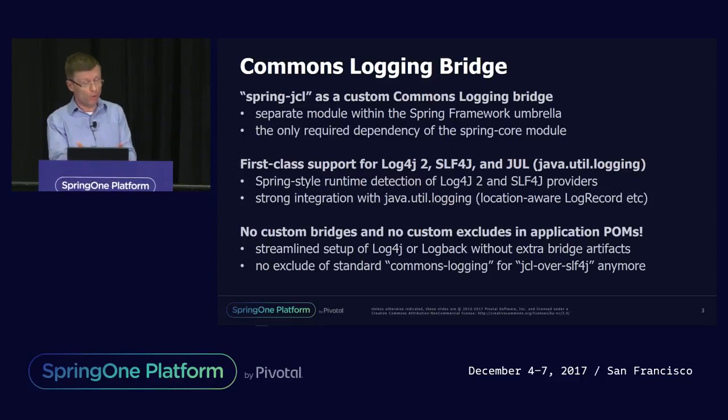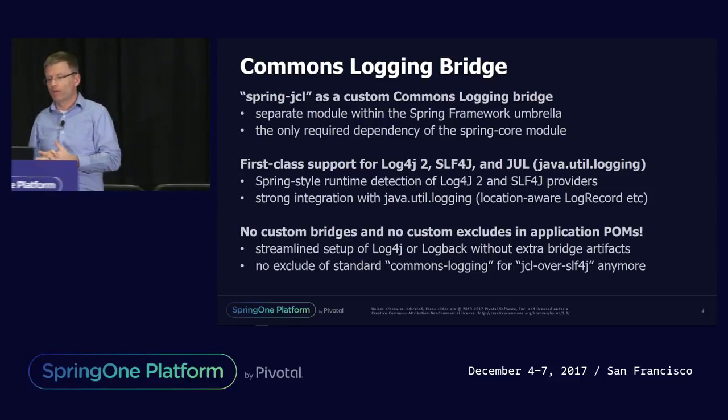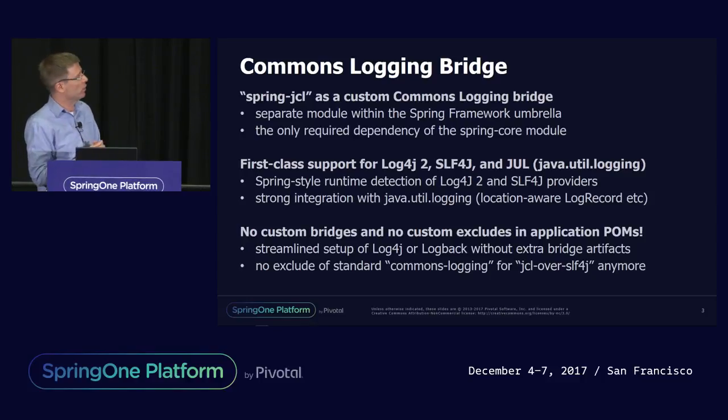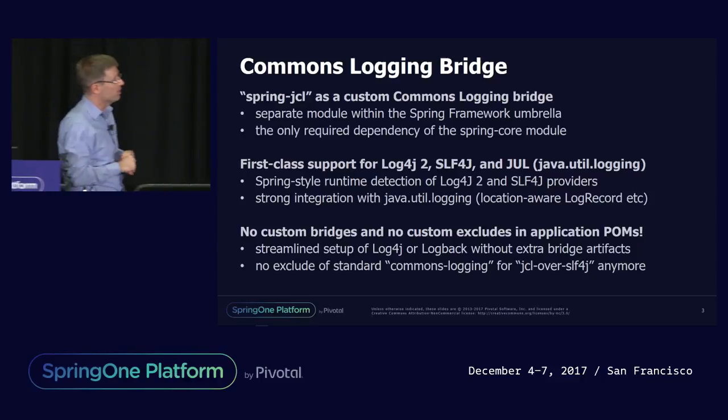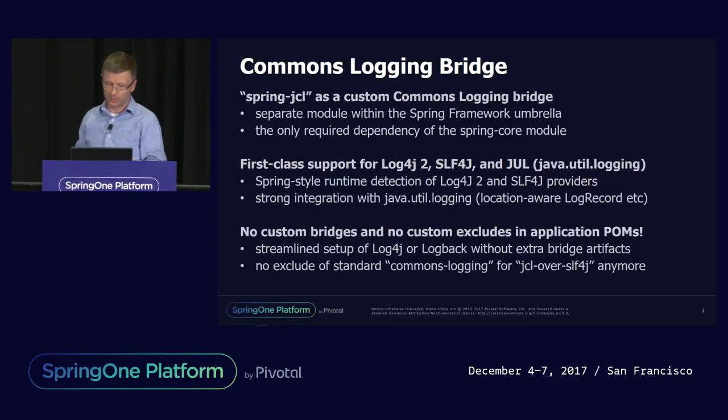In Spring Boot 2.0, you get that implicitly, but you didn't really notice so much of it before. But in particular, for non-boot setups, this is really a great help. So that's essentially the commons logging bridge. There's a little more to it, some fanciness baked into the bridge implementation, but it works quite fine for all practical purposes today.